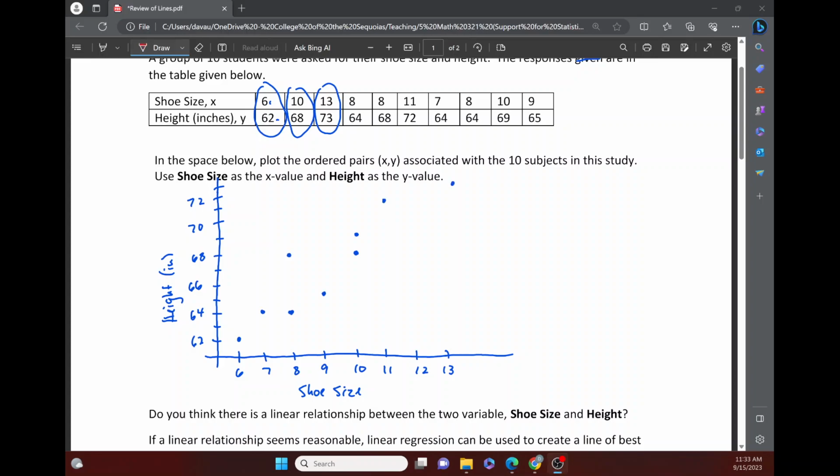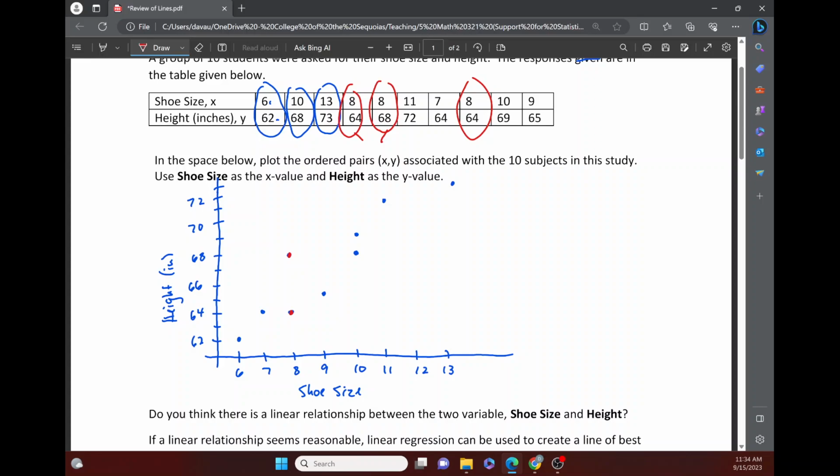Okay, so this is what you should end up with by the time you're done plotting all of those ordered pairs. A couple things worth pointing out is that we had several values that all had an x coordinate of 8. Now in the case of these two, the y coordinates were different, and so (8, 64) is this point, right? And (8, 68) is this point. So they are two different points.